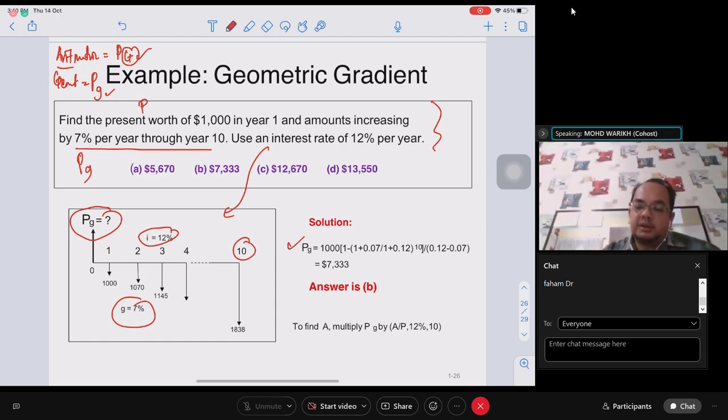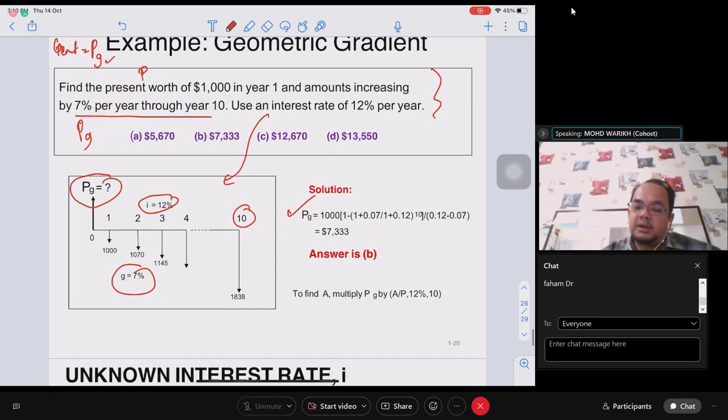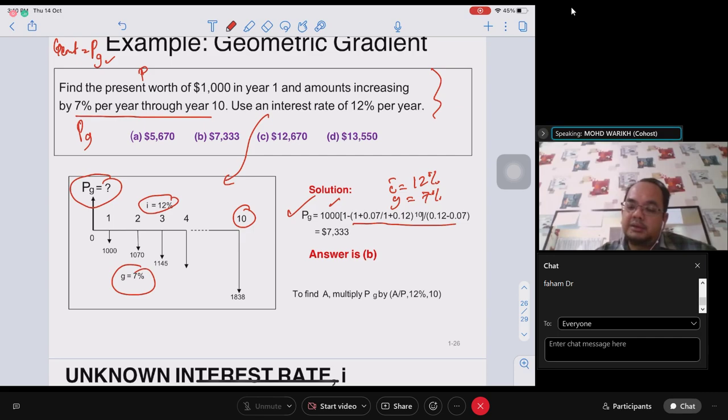It's A, A is 1,000. Put in i and also g, 12% and 7%. P_g equals A times (1 minus ((1 plus g) over (1 plus i)) to the power of 10) over (i minus g). So you get this number.